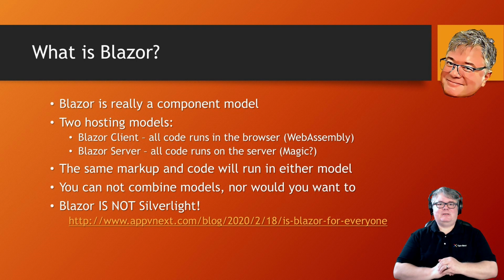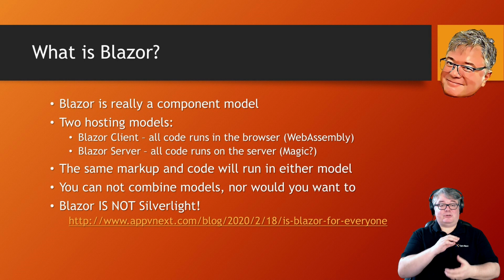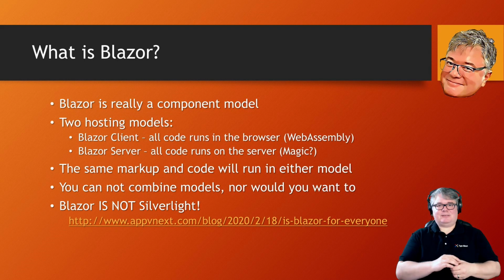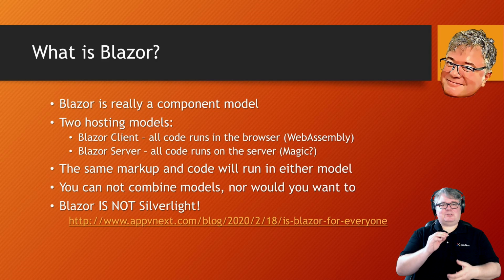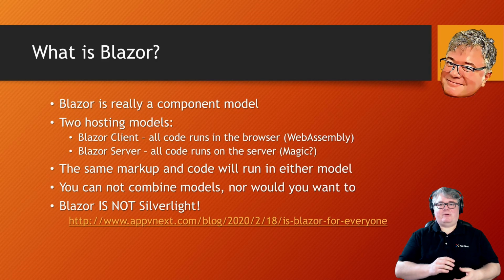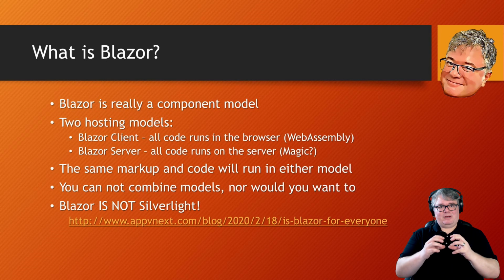It turned into a component model. And the component model is a way to package up HTML and C# code in assemblies and then share them. Share them on NuGet, reuse them in different projects, in the same project. Essentially a page, a Blazor page or a Razor page. Yeah, it's confusing. Those are essentially Blazor components. And so a page is a component, and a component is a smaller piece of what a page is, okay?